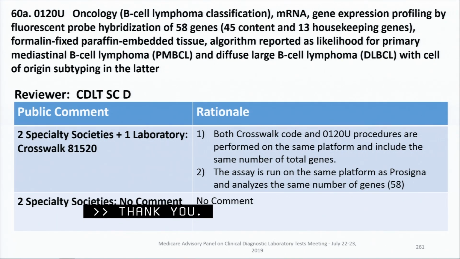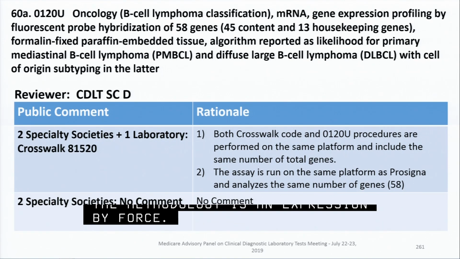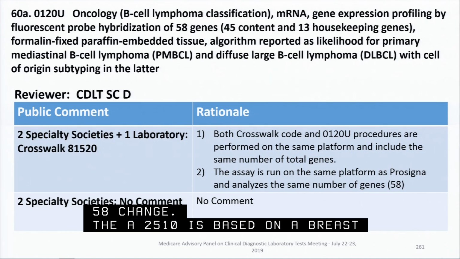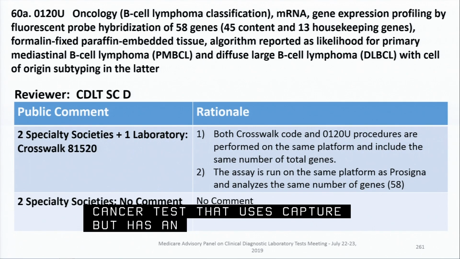The methodology is mRNA gene expression by fluorescent probe hybridization, 58 genes being evaluated, and the use of an algorithm. The proposed crosswalk to 81520 is based on a breast cancer directed test that uses hybrid capture but has an algorithm in it, and that's the recommendation from our group.